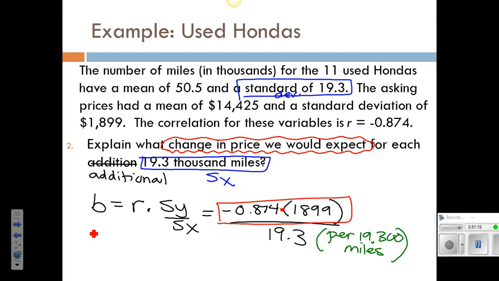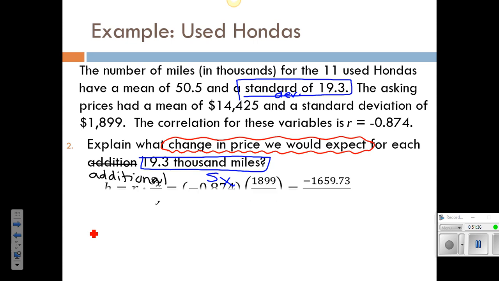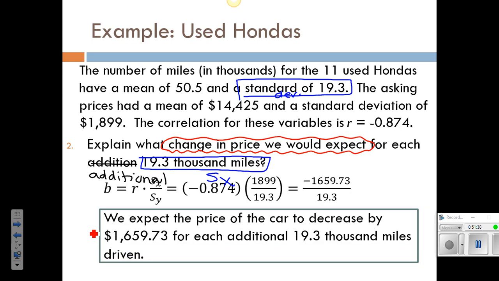Negative 0.874 times 1899. What is the product of those two numbers? Negative 1659.77. So roughly negative 1659.73, something like that. So guess what that means?